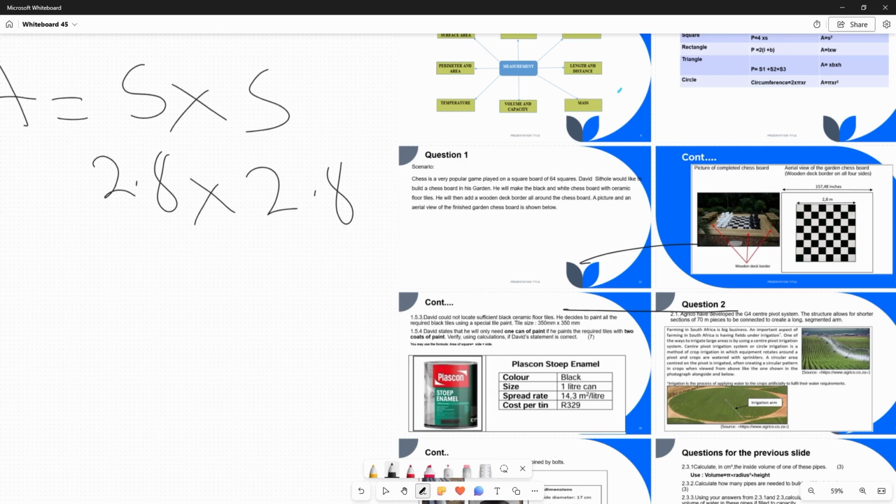What do we get there? This is equal to 7,84 square meters. Units are important. When we're looking at area, we square the units. So where did we get 2,8? This is the side given there. So it's similar to this. So side times side. 2,8 times 2,8 gives us the area of the chessboard.